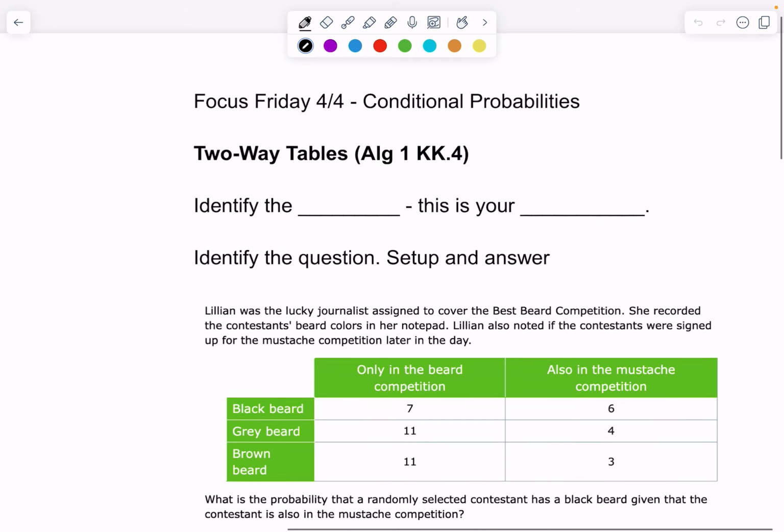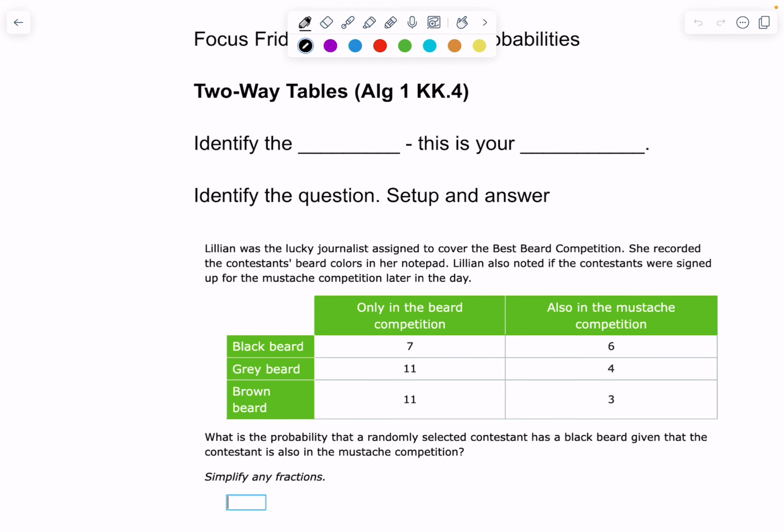So first off, from Algebra 1 KK.4, this IXL was specifically looking at our two-way tables and identifying conditional probabilities from there. If you need a reminder of what conditional probabilities are, we did take notes about these on our Focus Friday a few weeks ago, so go back and look at that first set of notes. But in terms of how we go through this two-way table format, you're going to start by identifying the given, that condition.